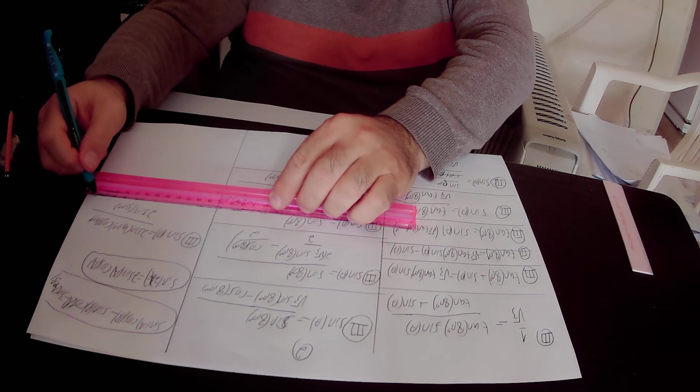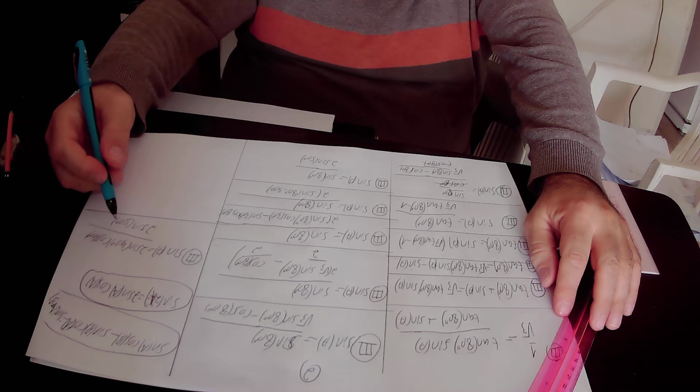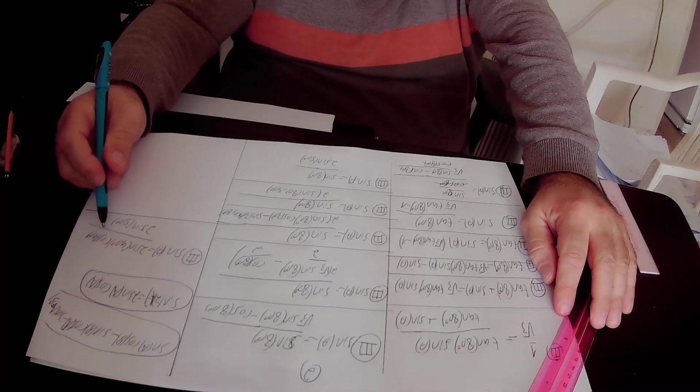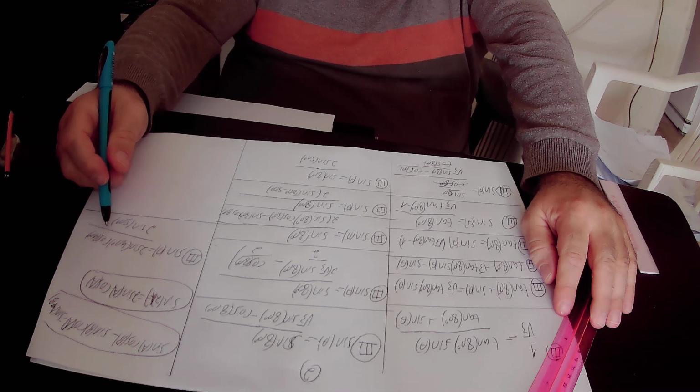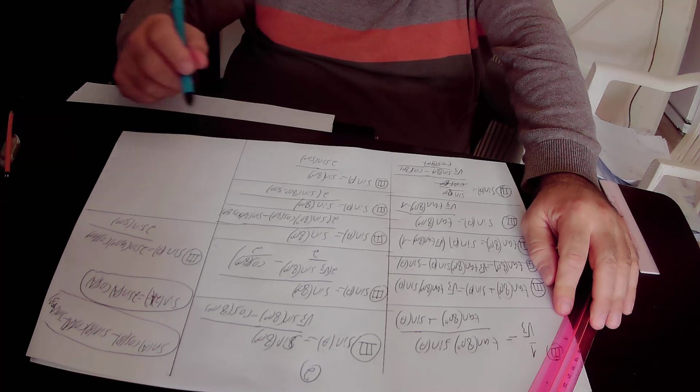So in conclusion, according to equation number 3, sine theta equals 2 sine 40 degrees cosine 40 degrees, because this is the value of sine 80 degrees, and in the denominator we have 2 sine 50 degrees.